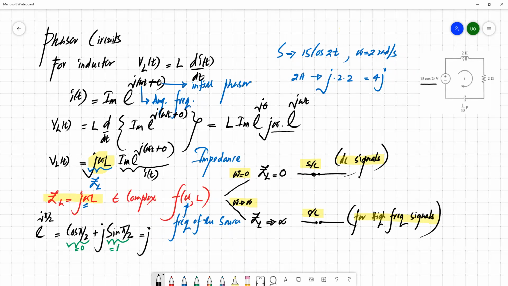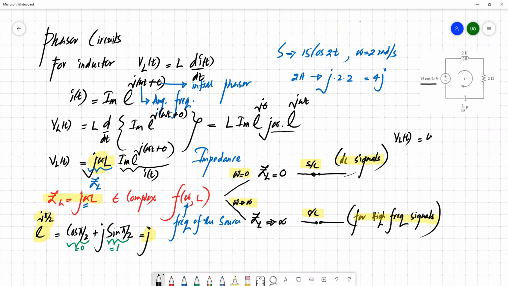So if you have a j term in your expression, you can replace this j term with this phasor, e to the power j5 by 2. If you substitute it here, j can be absorbed into this exponential.